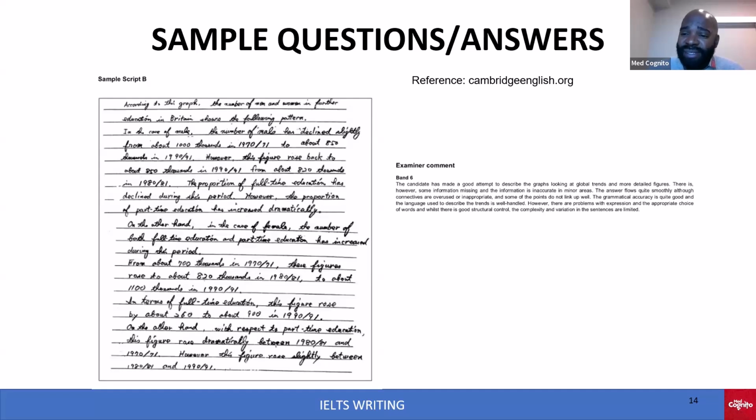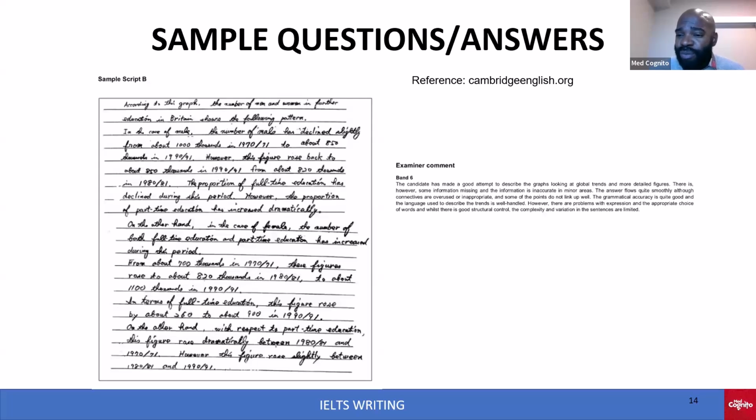Now, the answer flows quite smoothly, although connectives are overused or inappropriate, and some of the points do not link up well. And so we have some coherence issues over there. The grammatical accuracy is quite good, and the language used to describe the trends is well handled.